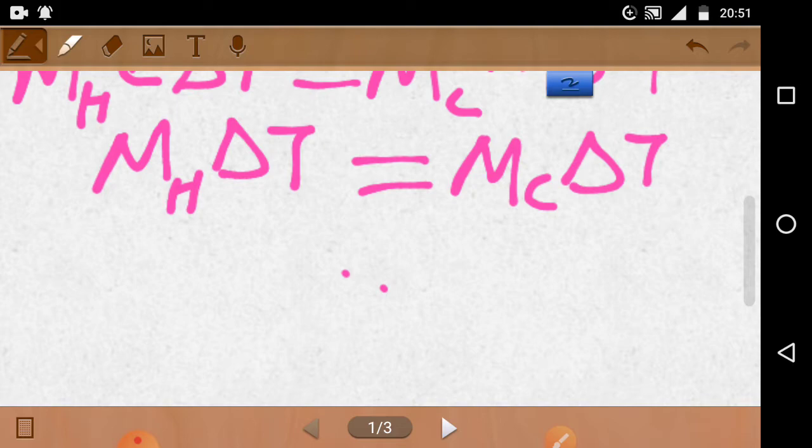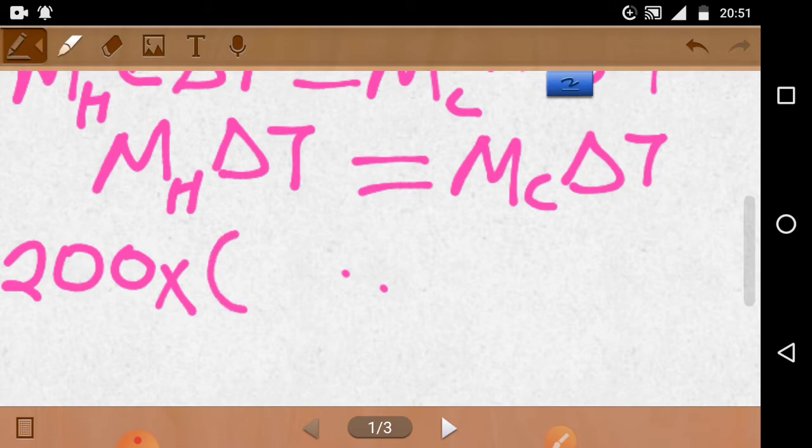Now mass of the hot water was given to be 200 times, because we say that the final temperature will be X, so it will be 55 minus X.